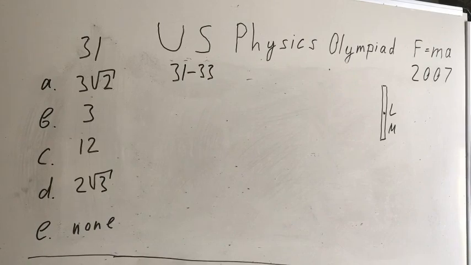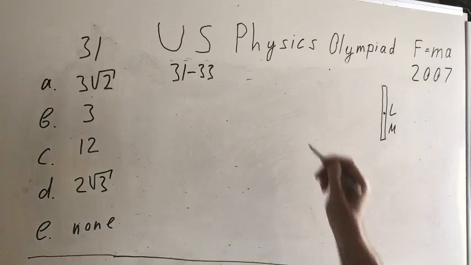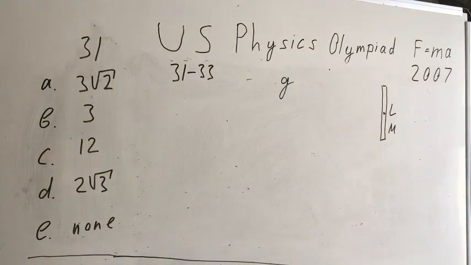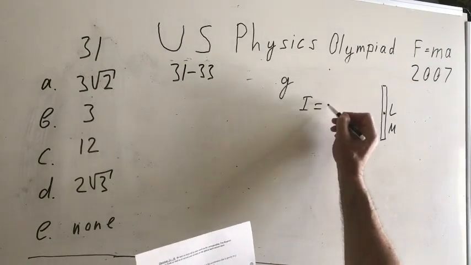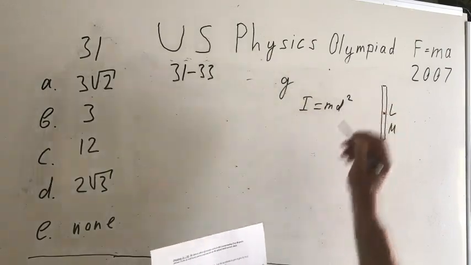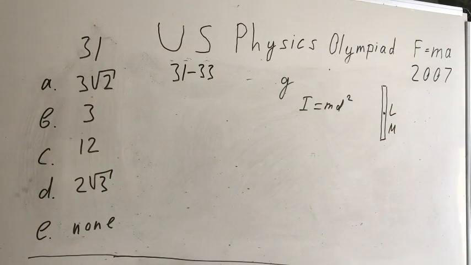Problems number 31 to 33. We have a uniform thin rod with mass m and length l. Let the acceleration due to gravity be g. Let the rotational inertia of the rod about its center be I equals md square. First, problem number 31.